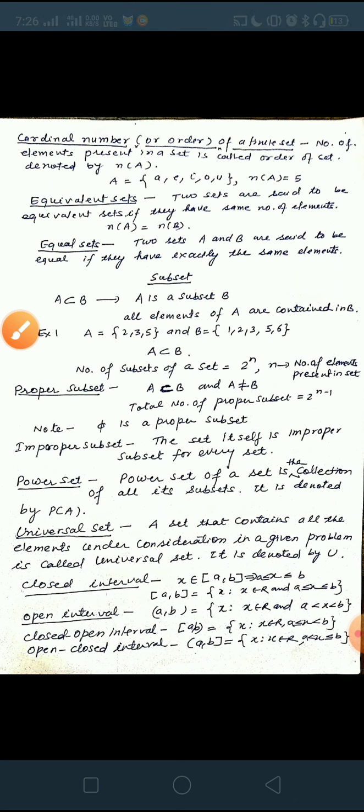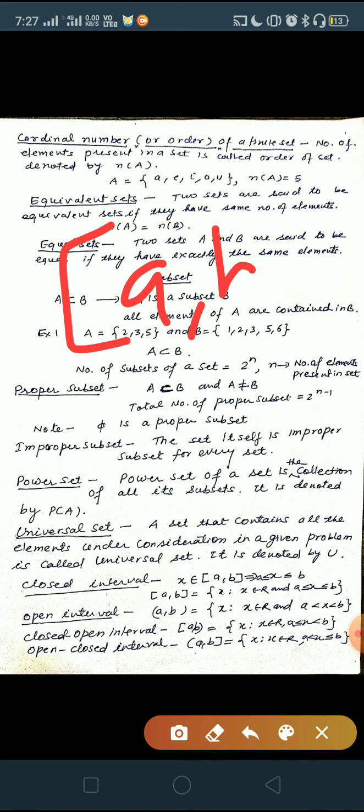Now children, we have to learn intervals, and it is very important, because it is introduced for the first time. So we talk about closed interval. Under real numbers we have closed interval, open interval, closed open interval, and open closed interval.